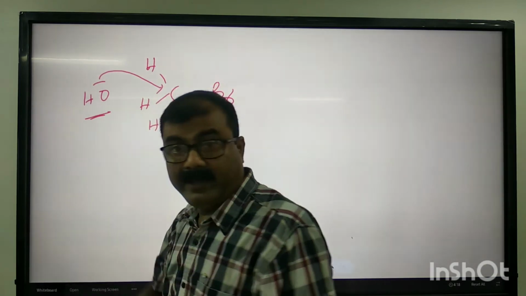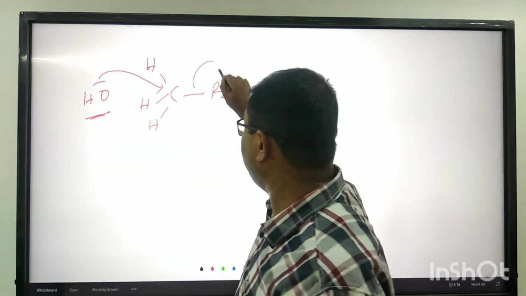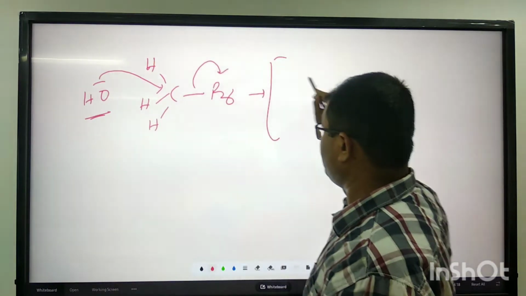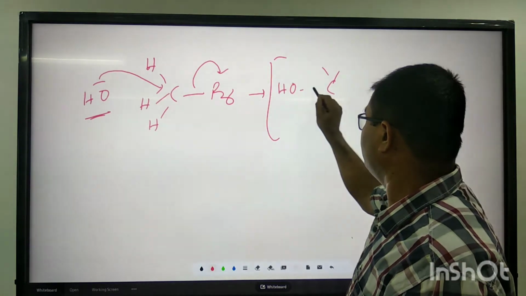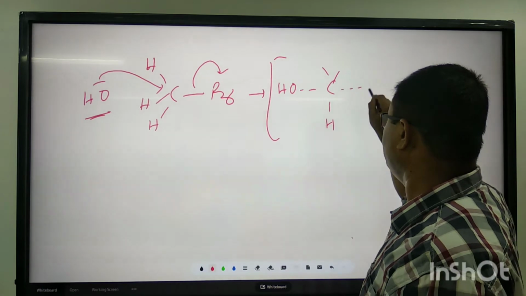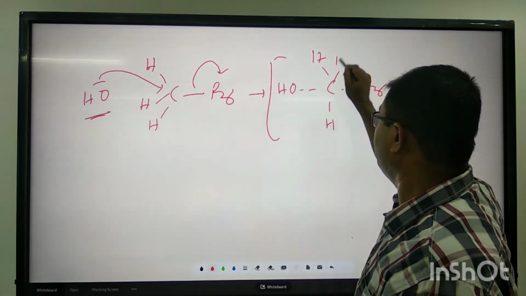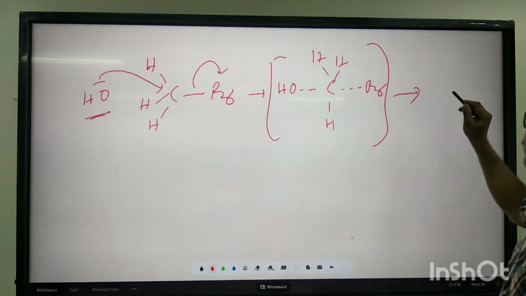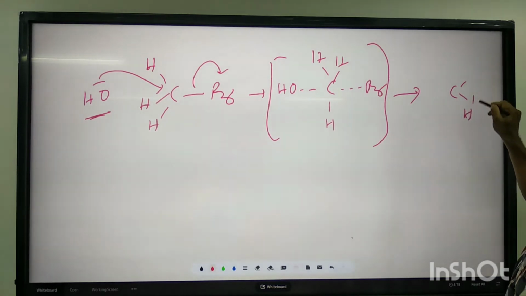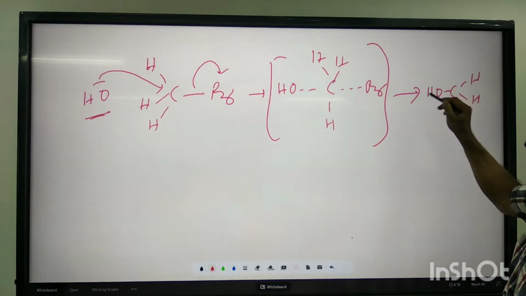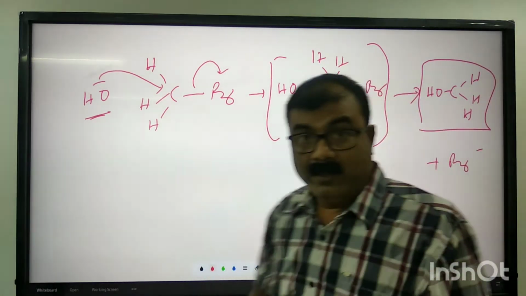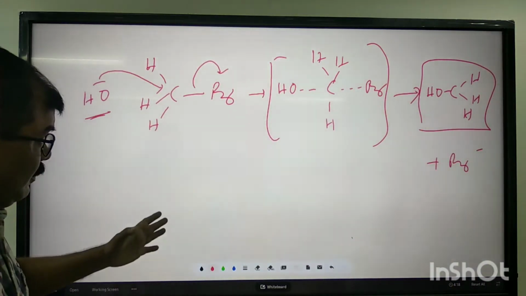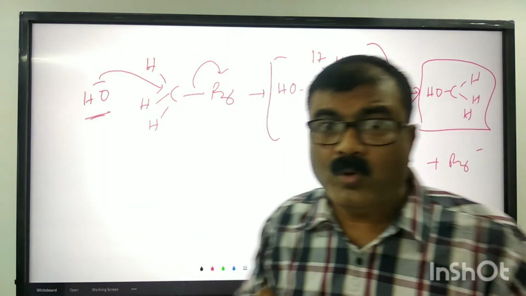This will attack the substrate, then the leaving group leaves. Transition state we know. This is bond formation, this is bond breaking. Then only we get the product. This is the product methanol and the leaving group. Now, what happened in polar aprotic solvent?